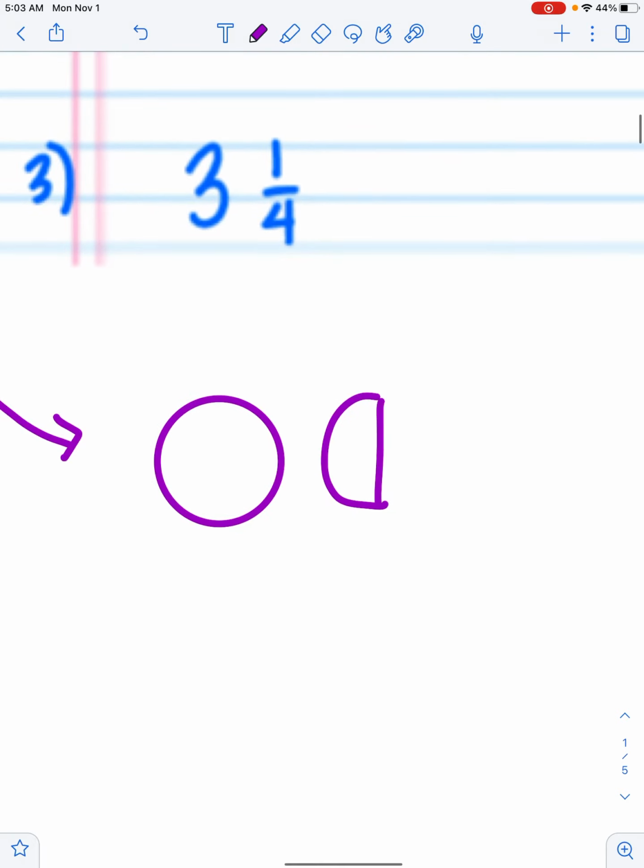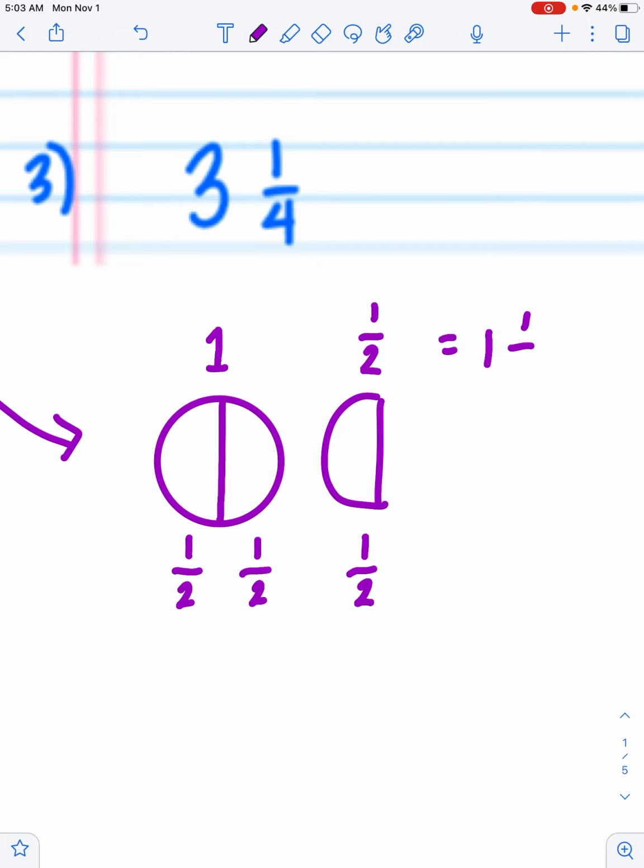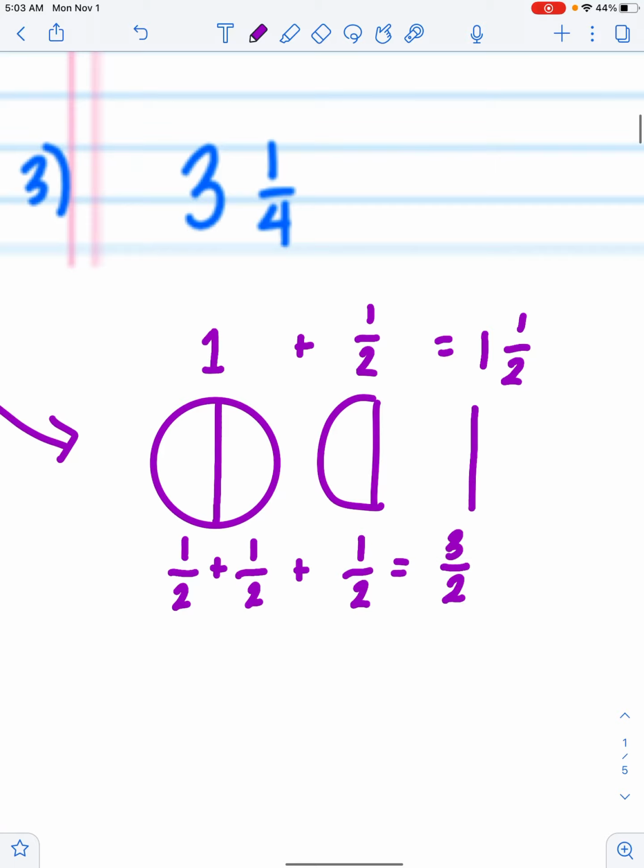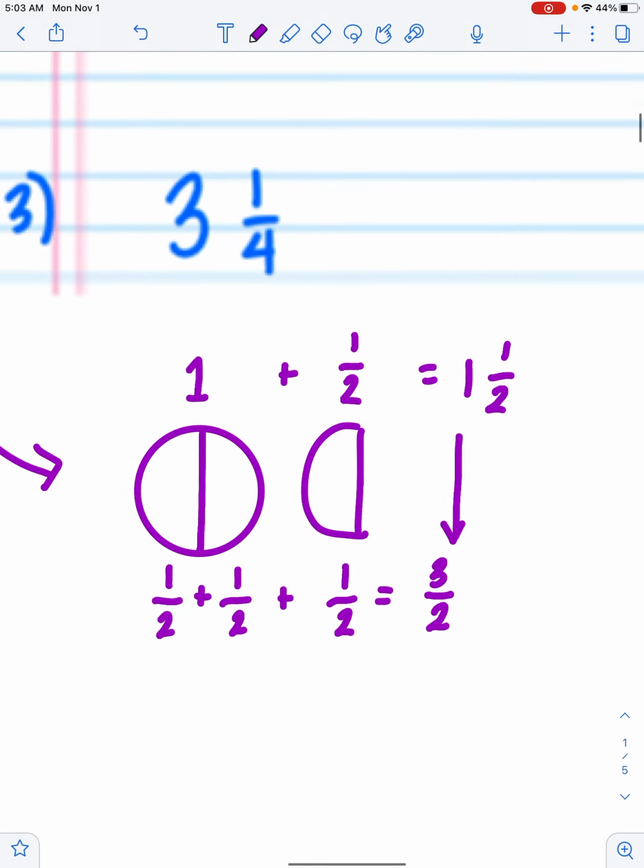I could separate my 1 whole into 2 halves, which means I could either write this as 1 and 1/2, or I could write this as 1/2, 1/2, and 1/2, for a total of either 1.5 or 3 halves, which means 1.5 is the same thing as 3 halves.